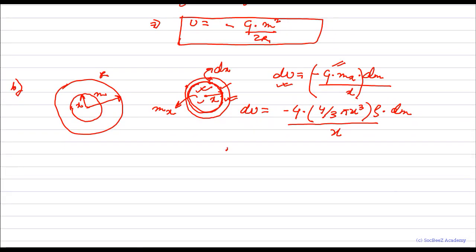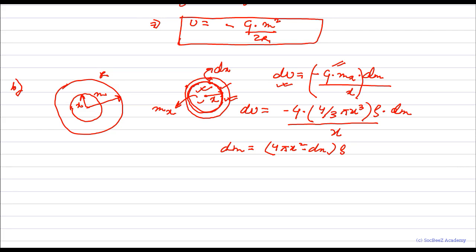Now dm can be written as 4 pi x square into dx, that is the small volume dV of the shell which is being brought onto the surface of this sphere, into the density of the sphere.